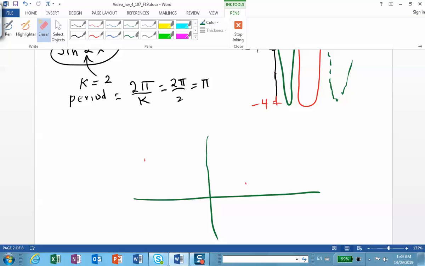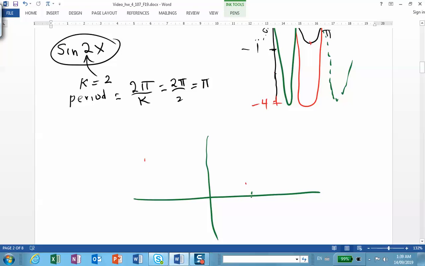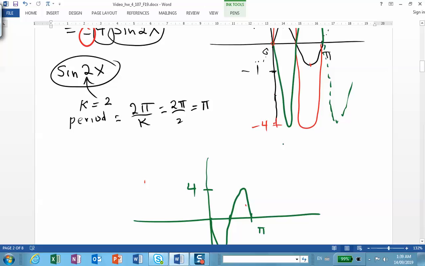So here's pi. Okay, so I have to fit that green curve over here, which goes from below to 4 above the axis. So this is 4, this is minus 4, there's your pi, see this? There's your pi right there, alright, and then it repeats itself.